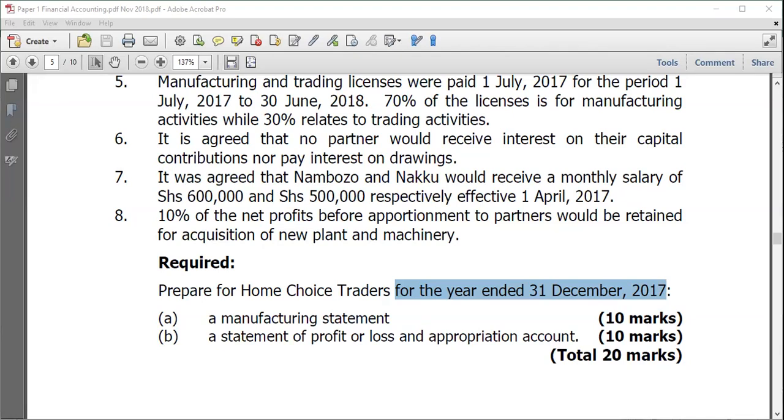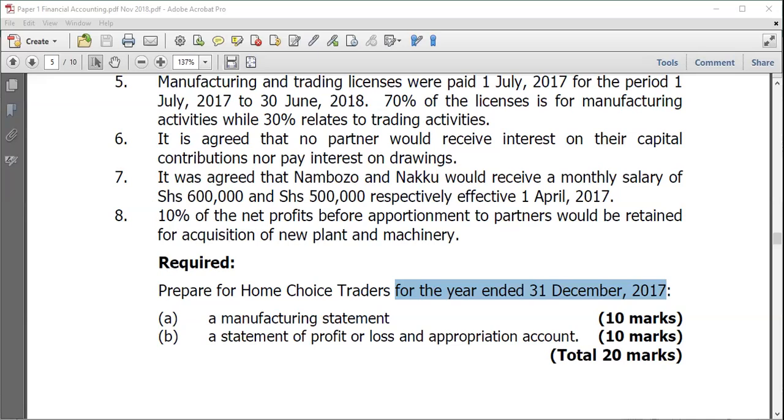So the key things are the raw materials, the labor, and the other expenses. Then we accumulate those together, look at the work in progress, and then we get what we call the cost of goods fully manufactured. As simple as that. So we are going to see how that plays out here.